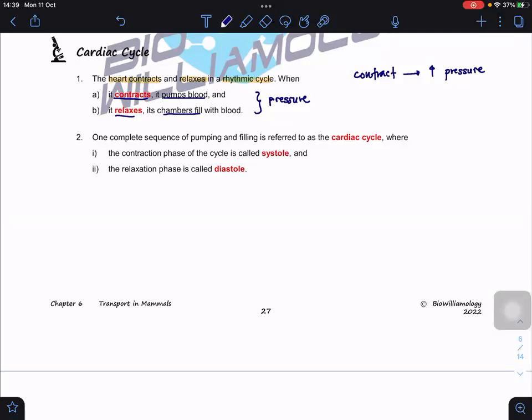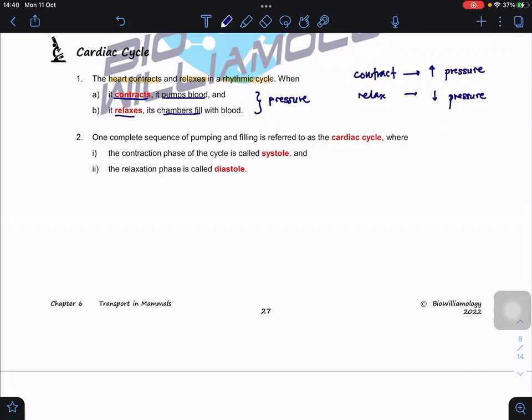Or you press at one end and it moves to the other end, because the pressure increases. But when you relax, you decrease the pressure. Otherwise the blood won't know which direction to go. So it has to follow the contractions and relaxations of the heart, guided by the valves that we have learned previously.